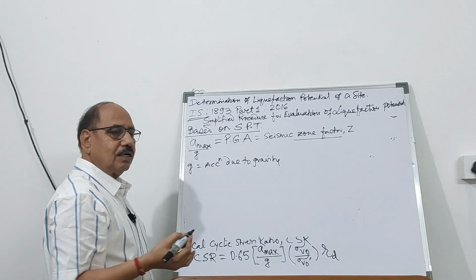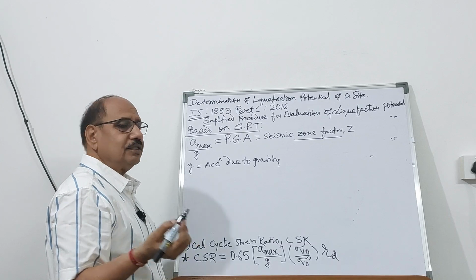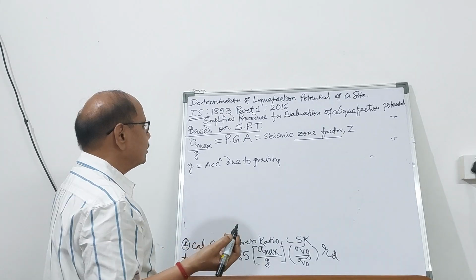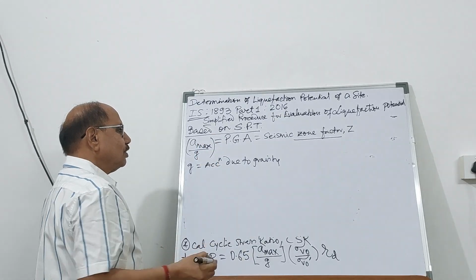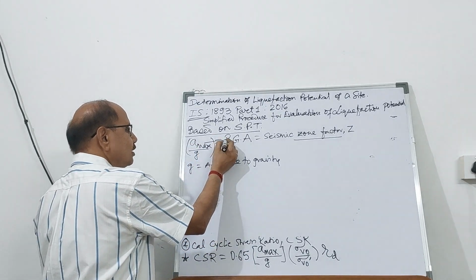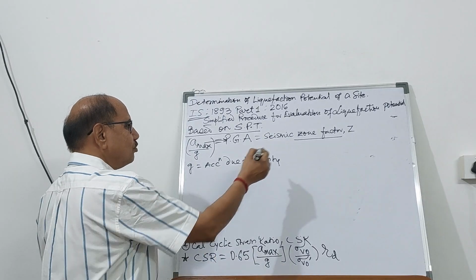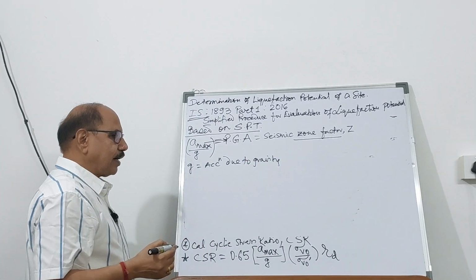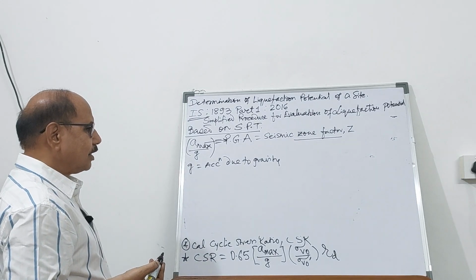Say in zone 4, the zone factor is given to you, 0.24. In zone 3, it is 0.16. So you can find out A max upon G, and A max is called the peak ground acceleration. And this is equal to the seismic zone factor. So very easily you can find out all those things.